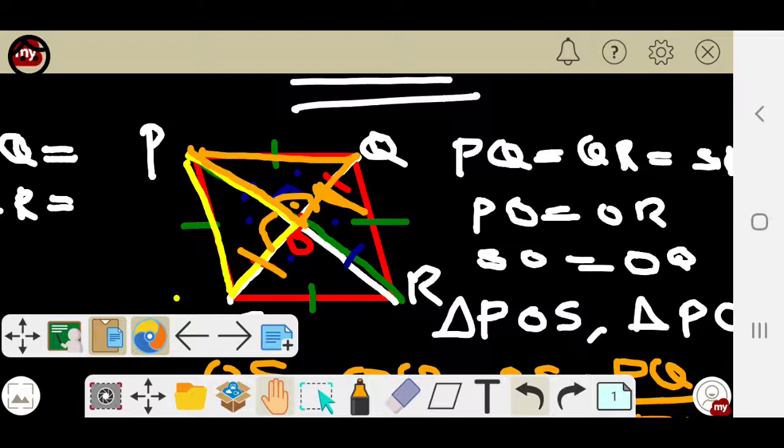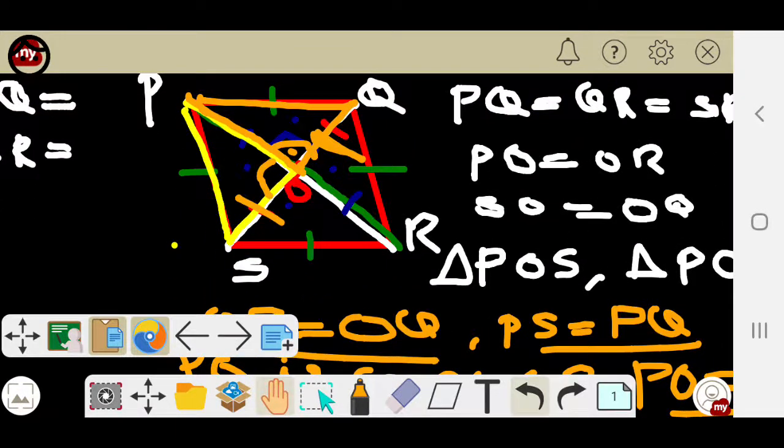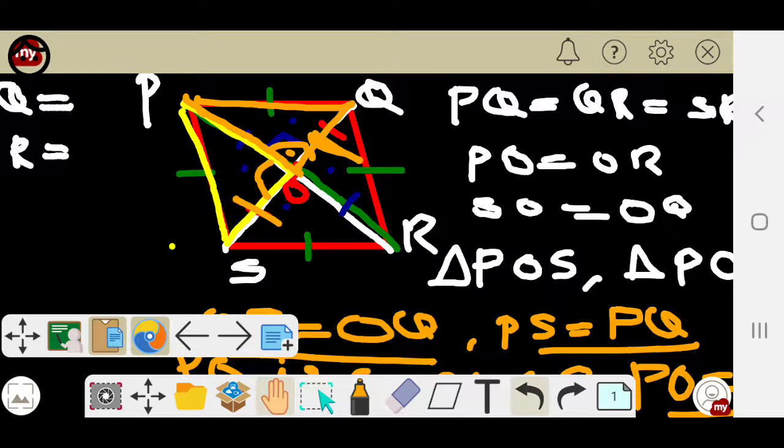If these two are 90 degree, then since vertically opposite angles are equal, angle SOR is also 90 degree. POQ 90 means this SOR also 90 degree. And POS 90 means QOR also 90 degree.